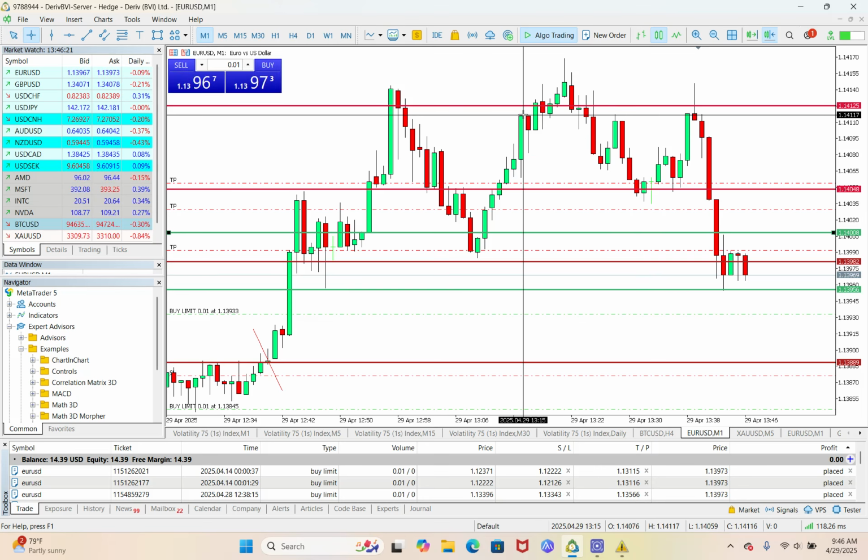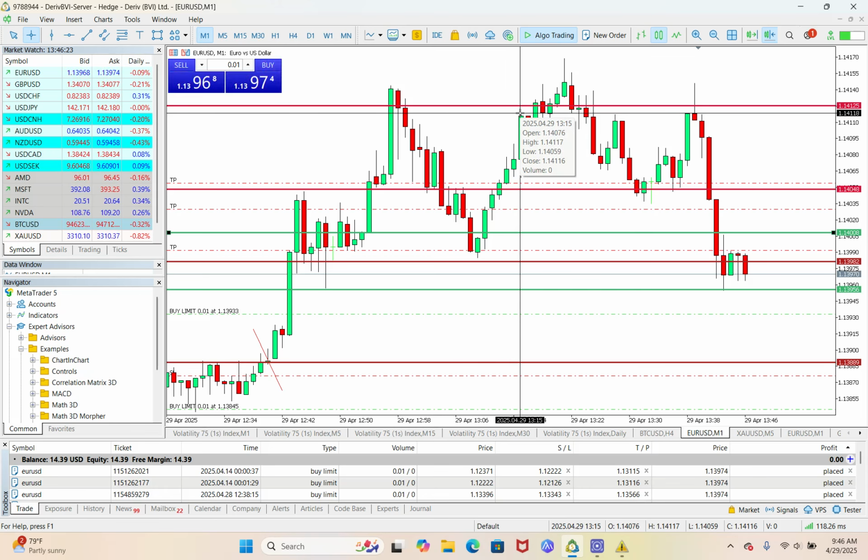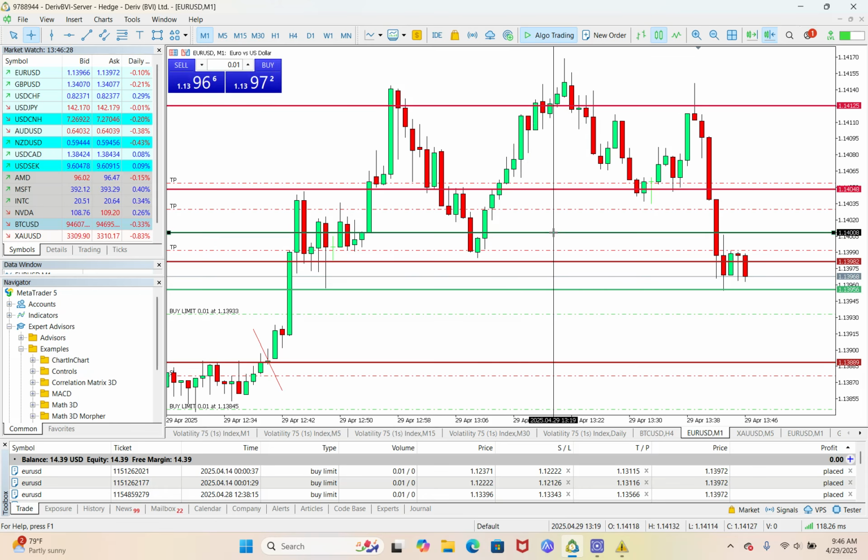This would probably have entered right here, 118 pip. Would have gotten out right here. So it would probably make about $1, right?